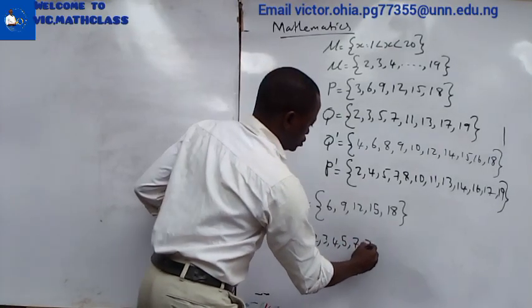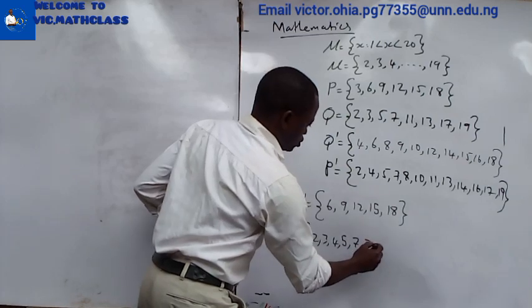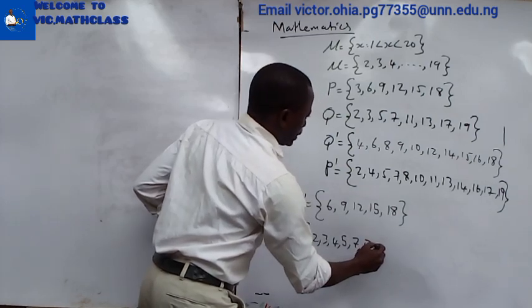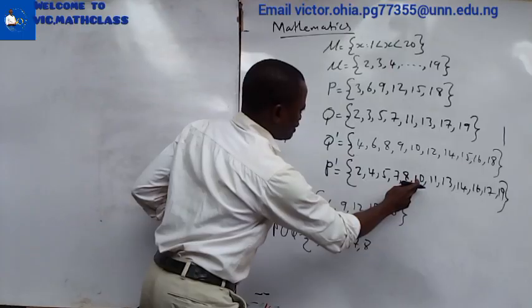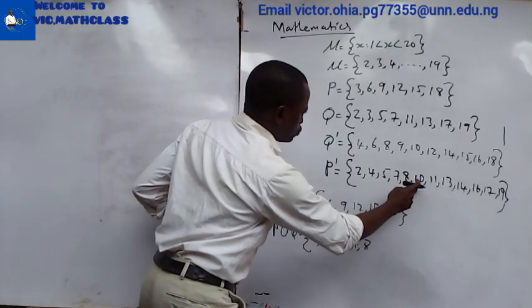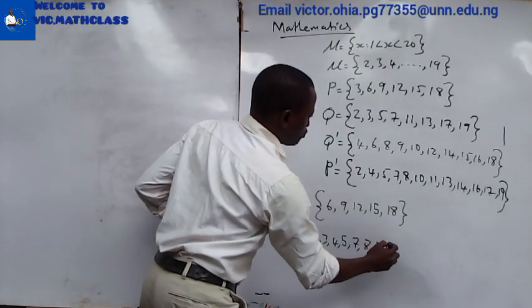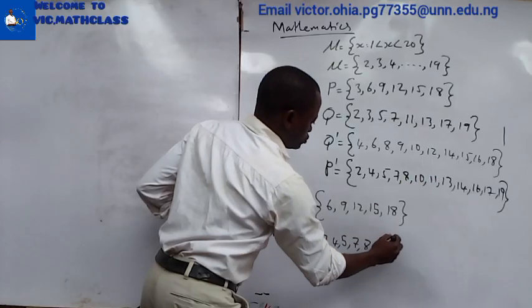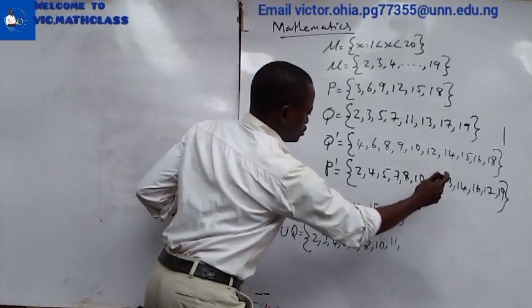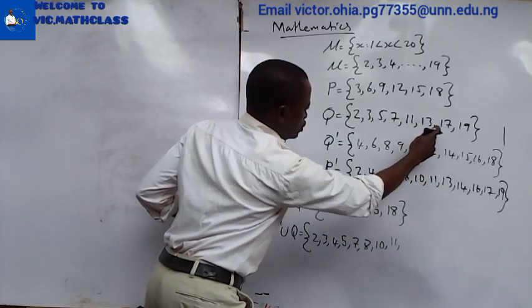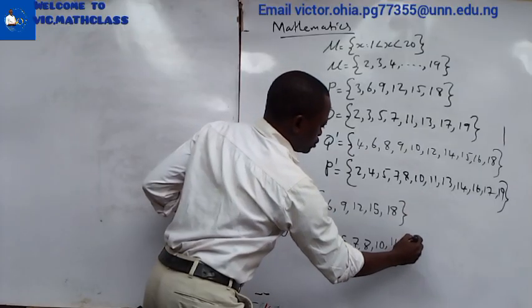After 7, I have 8 here. After 8, there's no 9, so I'll go to 10. After 10, 11, 13. There's no 12 here and here. So I will write 13.